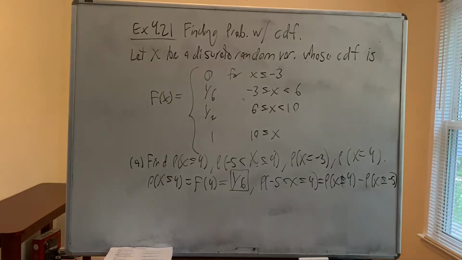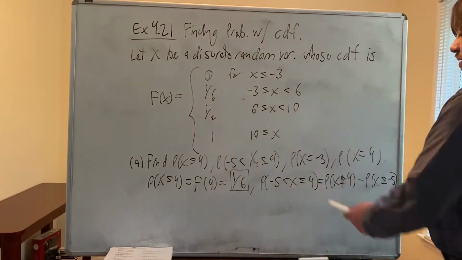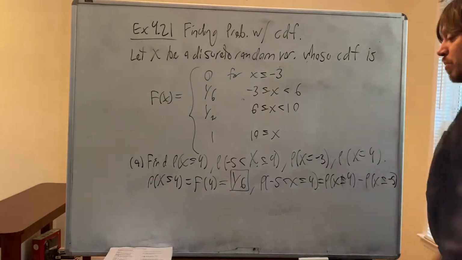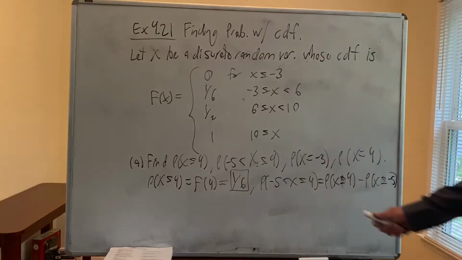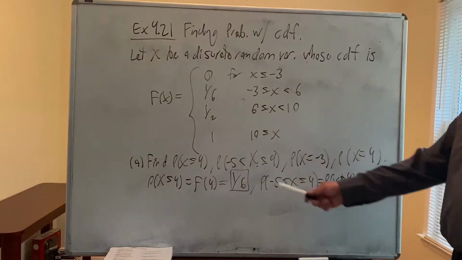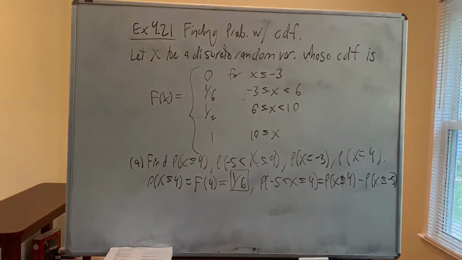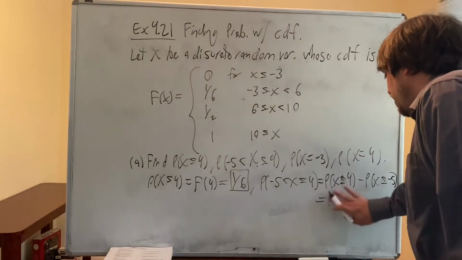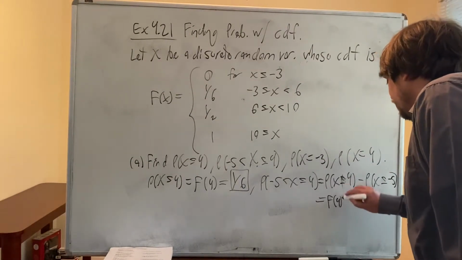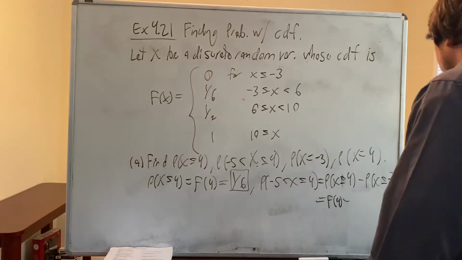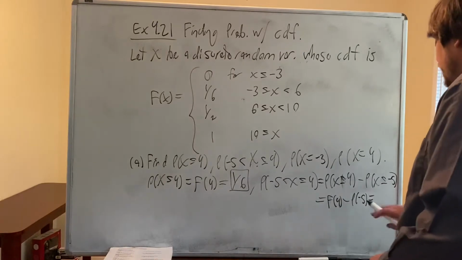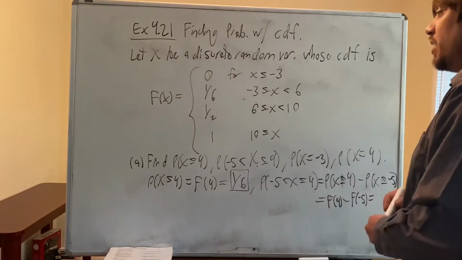Okay, so again, the probability that -5 is less than X, less than or equal to 4, is equal to the probability that X is at most 4 minus the probability that X is at most -5, because this is saying that X is at most 4 and not at most -5. So that's capital F of 4 minus capital F of -5.